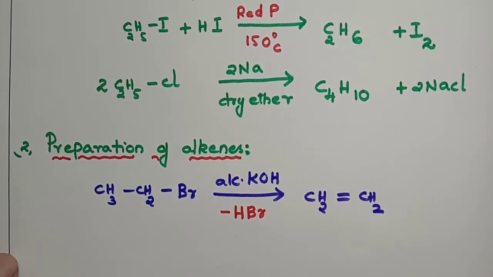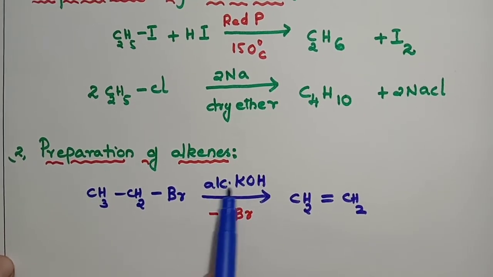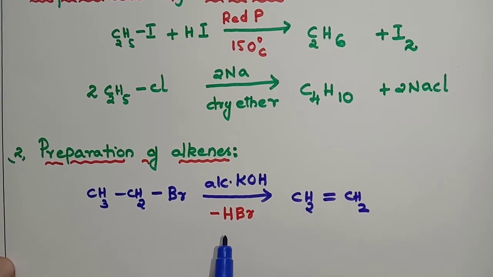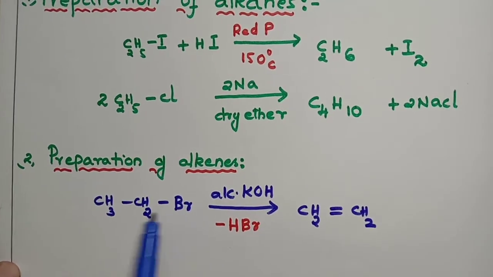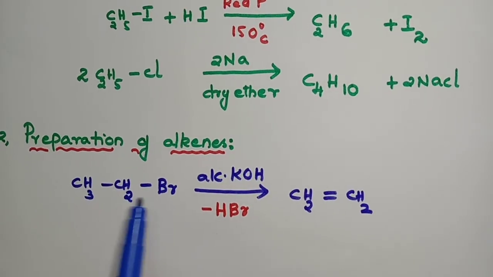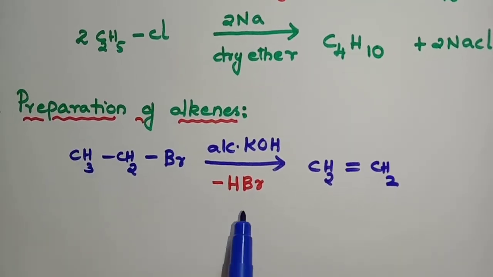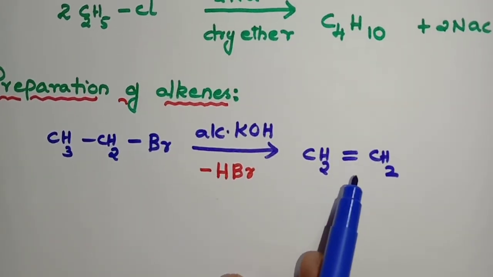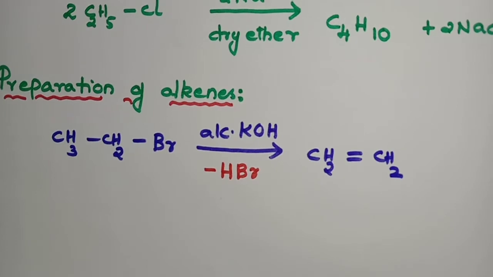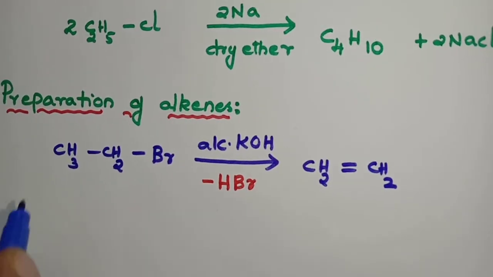Ethene. So CH3CH2Br in the presence of alcoholic KOH loses one molecule of HBr students. This Br is present on this carbon. So Br from this carbon and hydrogen from this carbon comes out as HBr, resulting in the formation of ethene, that is CH2 double bond CH2. Clear? Next, one more example.